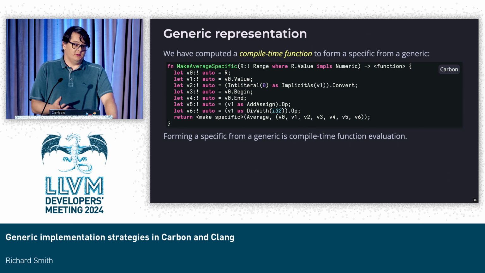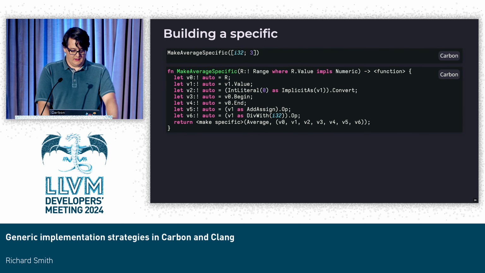So for a type trait case, the type trait class, the generic function, is a function that is going to compute the value of that type trait and just store that one value, and that's your specific. So this gives you a very efficient way of forming specifics from generics.